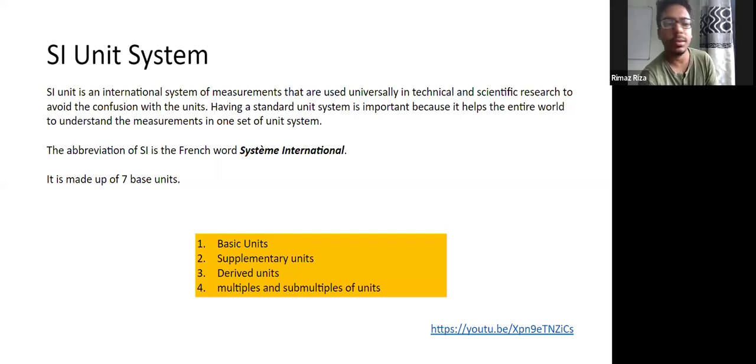So these 7 base units you should be able to say. And then there are 2 supplementary units. Let me know what those 2 supplementary units are. Yes, radian and steradian. Radian measures plane angles and steradian measures solid angles.